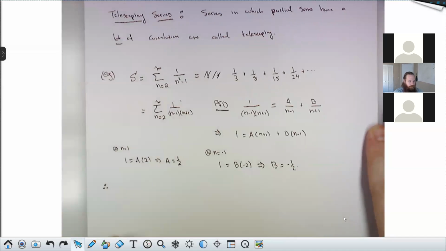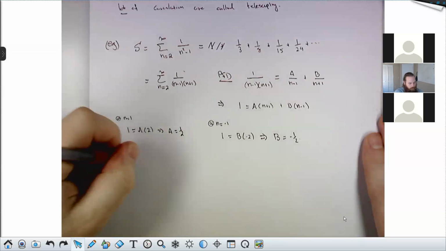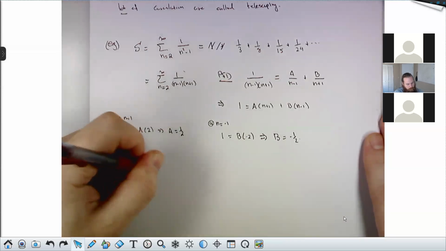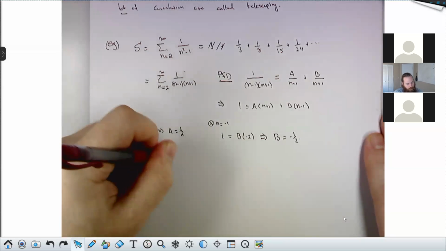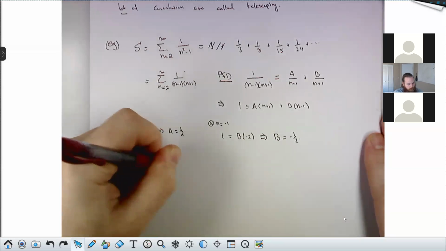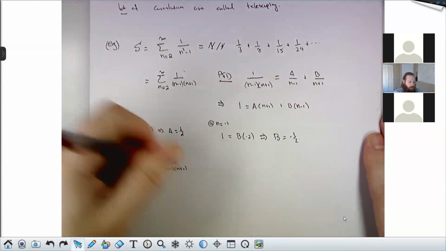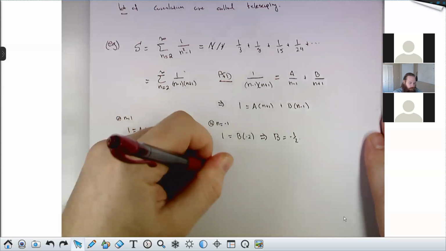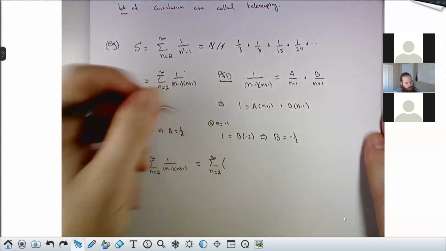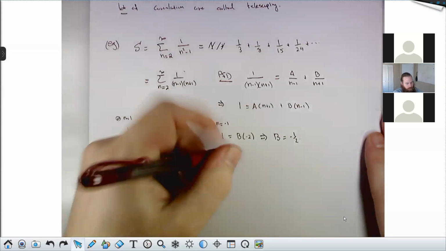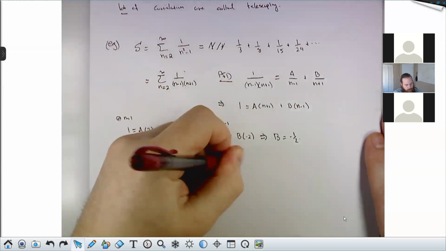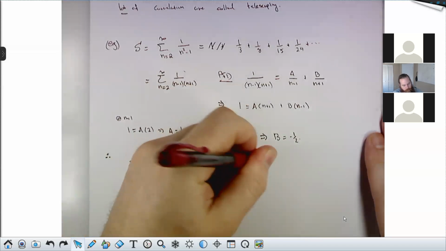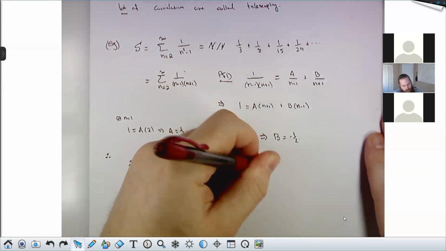Therefore, the series S, which is sigma n from 2 to infinity, 1 over n minus 1 times n plus 1, is the same as sigma n from 2 to infinity, 1/2 over n minus 1 minus 1/2 over n plus 1.